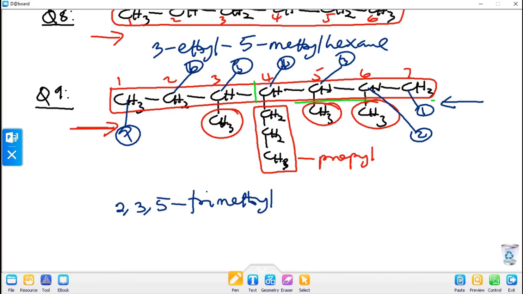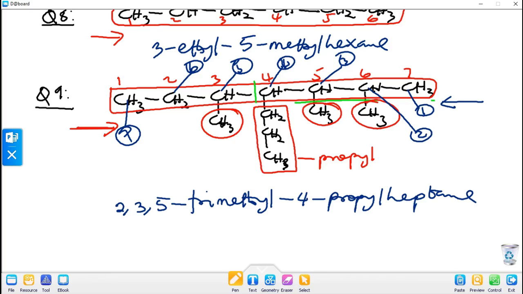Forget about the tri, because the tri only tells us that there are 3 of them. 2, 3, 5 trimethyl, 4 propyl, heptane. So that will be the name: 2, 3, 5 trimethyl, 4 propyl heptane. That is the name of our structure.